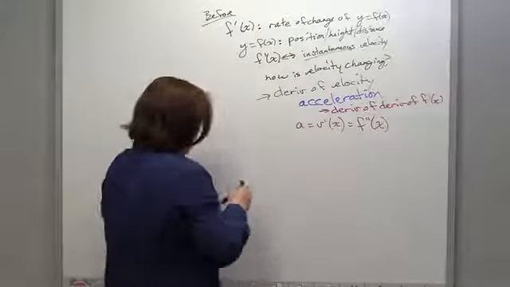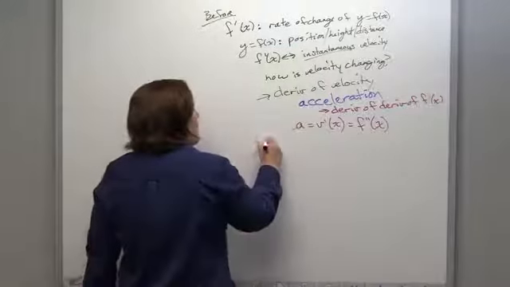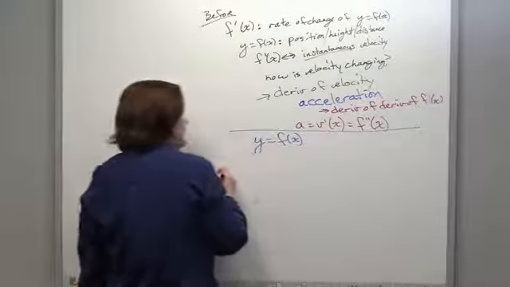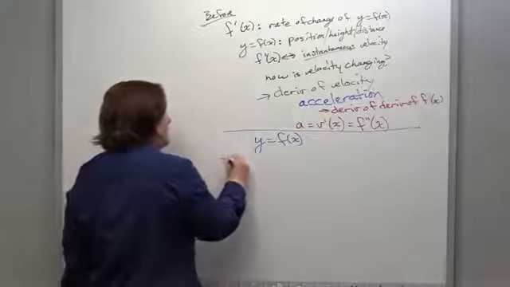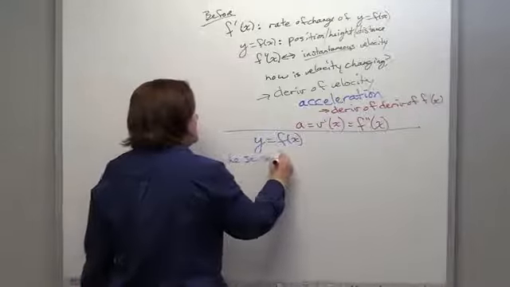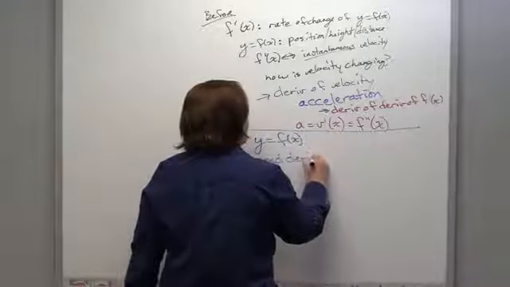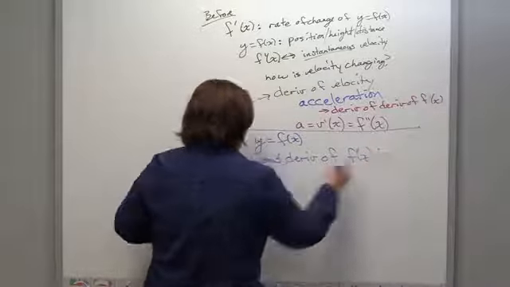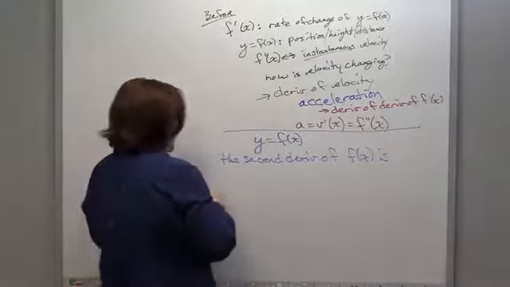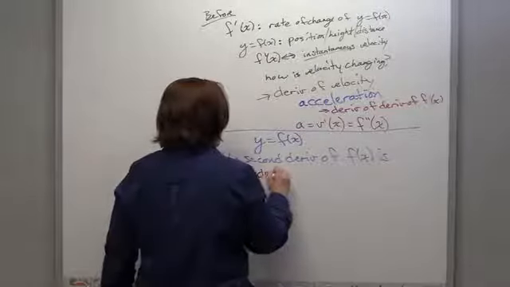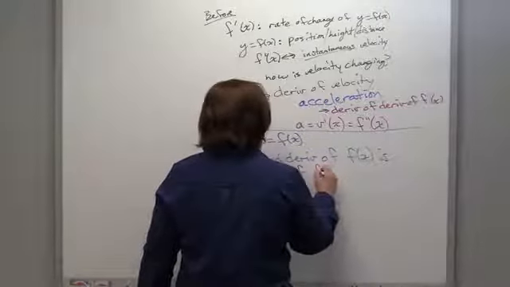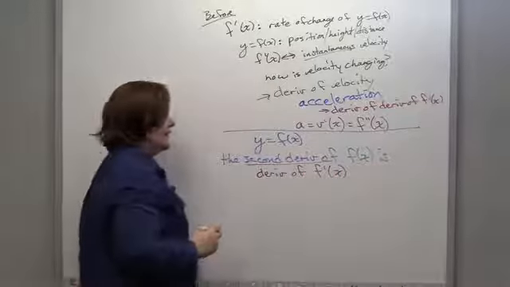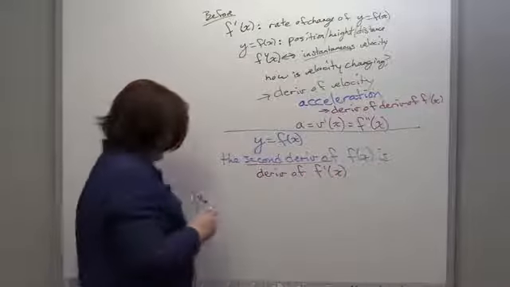So we have y equals f of x. In this case, the second derivative of f of x is the derivative of f prime of x. So the second derivative is the derivative of f prime.